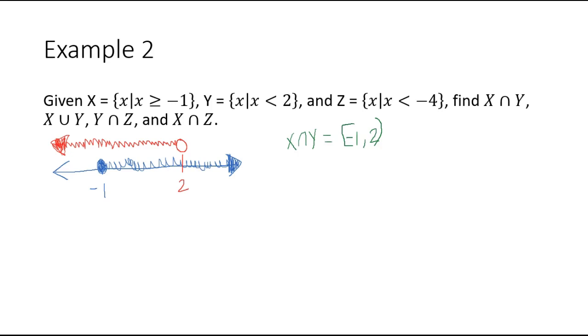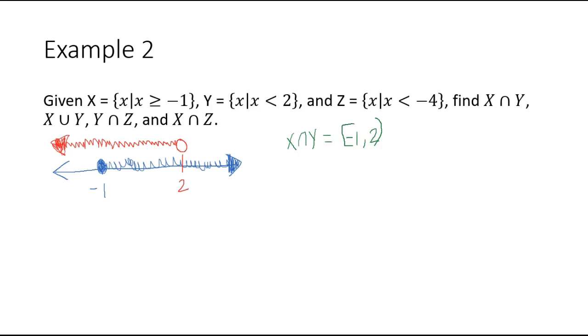Now the union between sets x and y would be everywhere that the graph is shaded. So anywhere you see shaded graph at all, well, over here, remember we had no blue, but we had some red, so this is part of the union. Over here, we had no red, but we had blue, so this is part of the union.